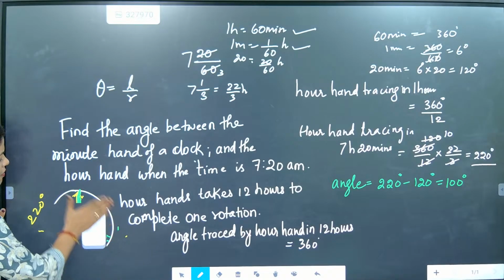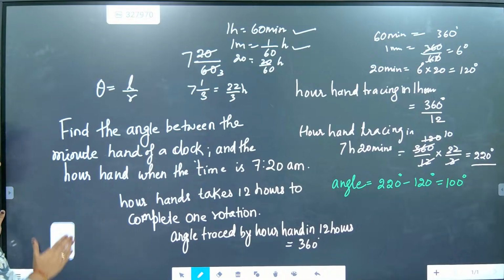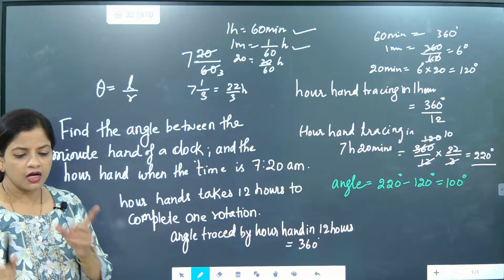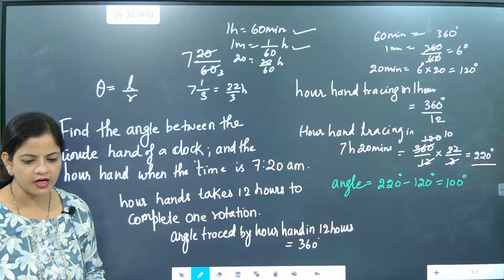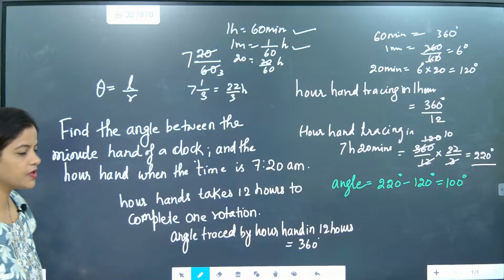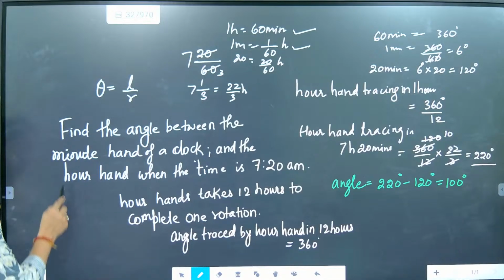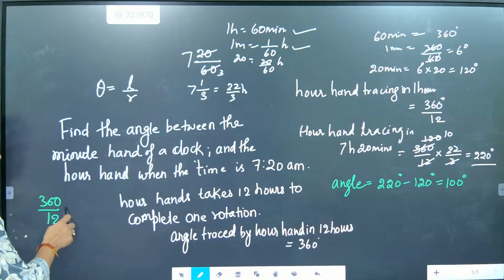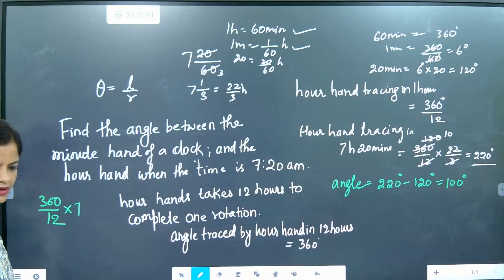Now listen beta, for competition and all, don't write this many steps. Nothing you have to write. First step, shortcut method. Always remember 30 by 12 for the hour hand. And however many hours they give, if they give 7 hours, just multiply it with 7. That's it.